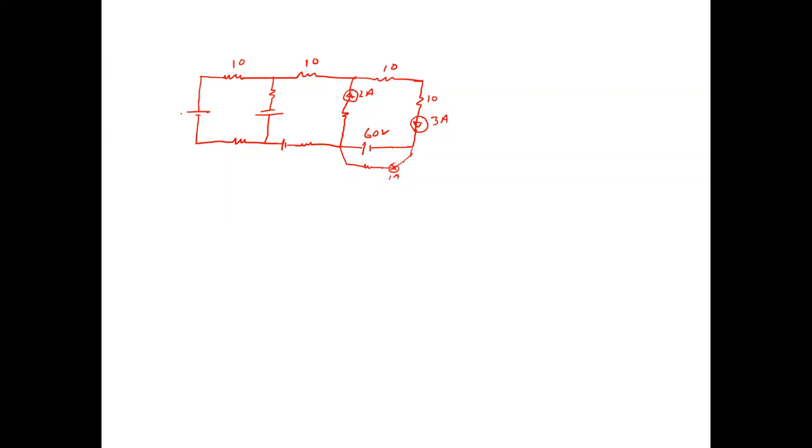So this point is fully omitted. Our second point: omit all branches parallel to a voltage source. If there is any voltage source, then omit the branch parallel to it. Okay, this point is clear. So this resistance and this current are omitted.